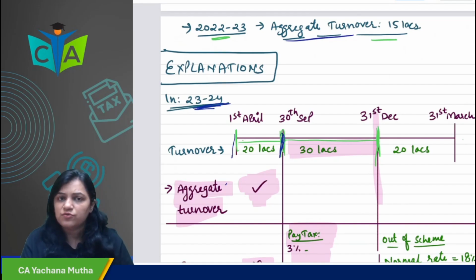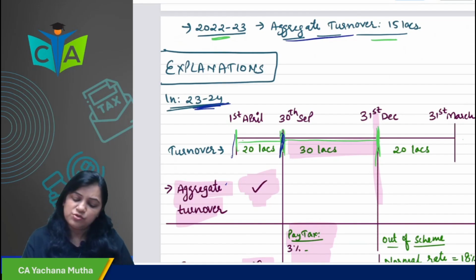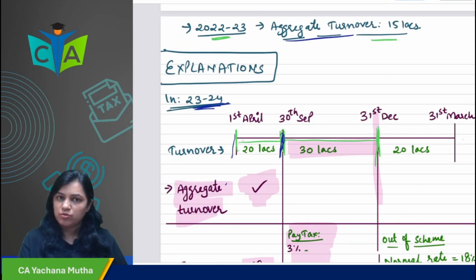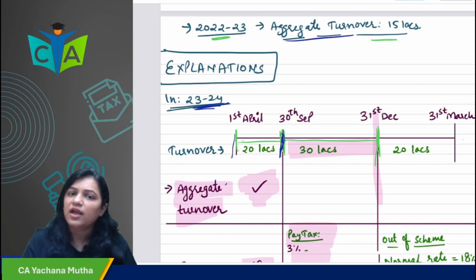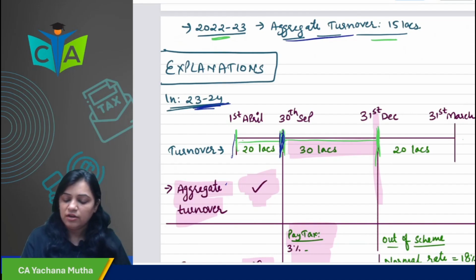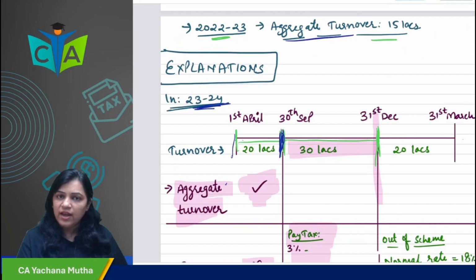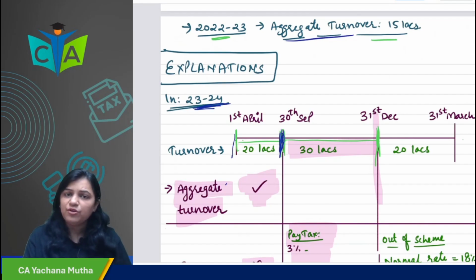Now you very well know in case of service sector, the registration limit is, for example, he is in Maharashtra, 20 lakhs rupees. So from 1st April till 30th September, will it be taken in aggregate turnover? Yes, before taking registration also. From 1st April till the date he becomes liable for registration, 20 lakhs. When his aggregate turnover exceeds 20 lakhs, then he'll apply for registration, and after that only he will pay taxes.